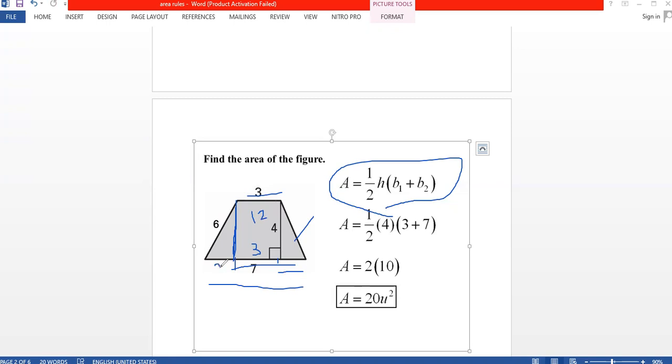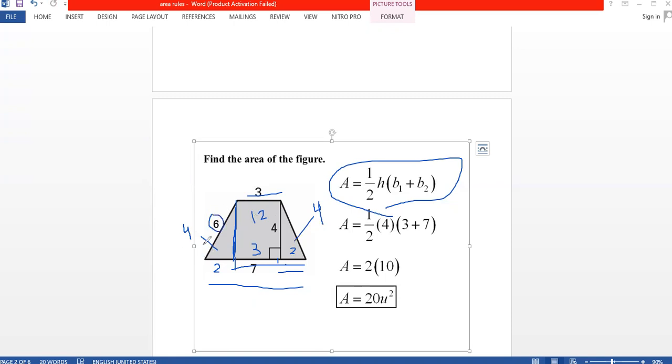So this part will take 2, and this part will take 2. Now we can find the area of the triangle. Base, which is 2, multiply height, which is 4, equals 8. 8 divide 2 equals 4. So the area of this triangle is 4, and the area of this triangle is 4. You can see that we don't use this number.